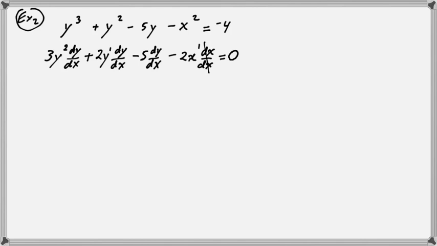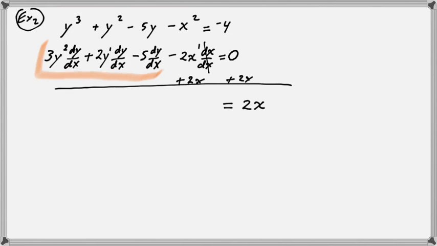I took the derivative of each term, term by term. You may notice that these three terms have dy/dx. This one does not. So I'm going to take the one that does not have dy/dx and move it to the other side. So I move 2x to the other side. Every term that remains on the left now has dy/dx in it.